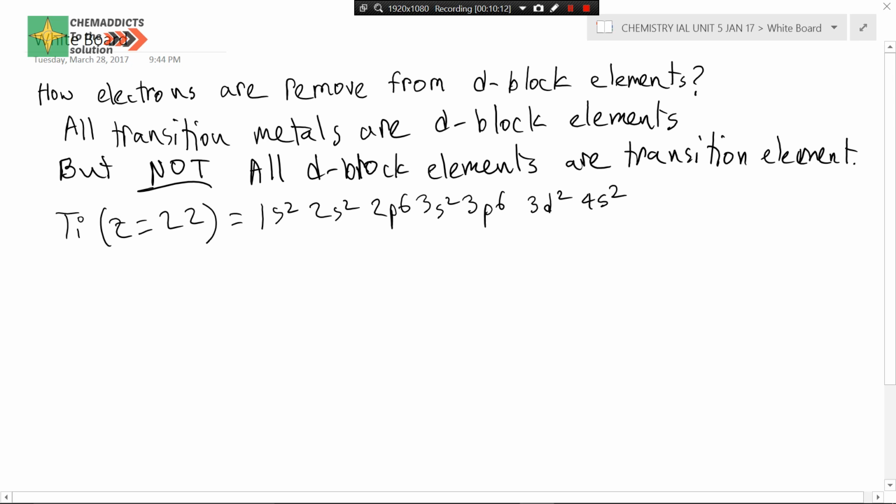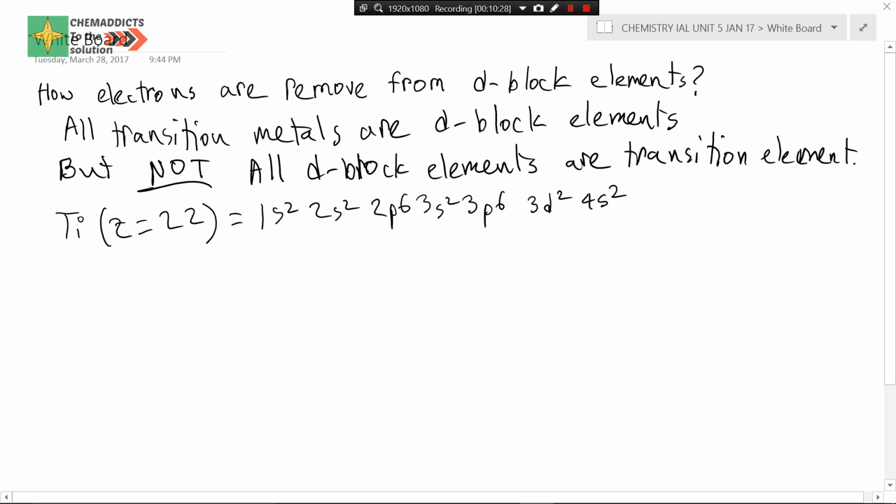Okay, so this is titanium, and titanium is obviously a d block element, as well as a transition metal.